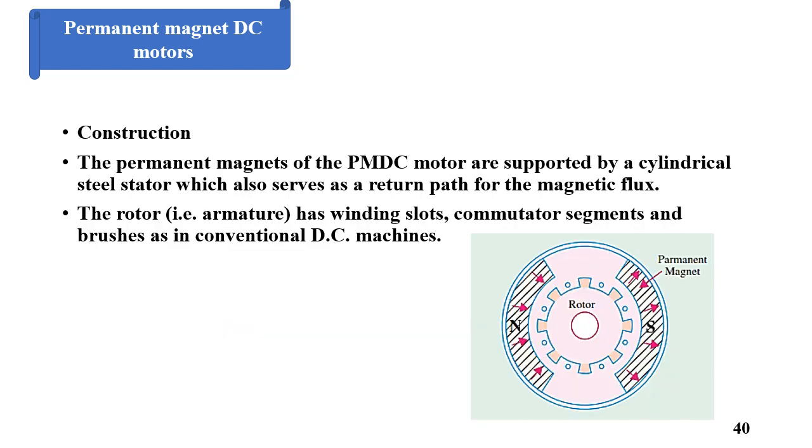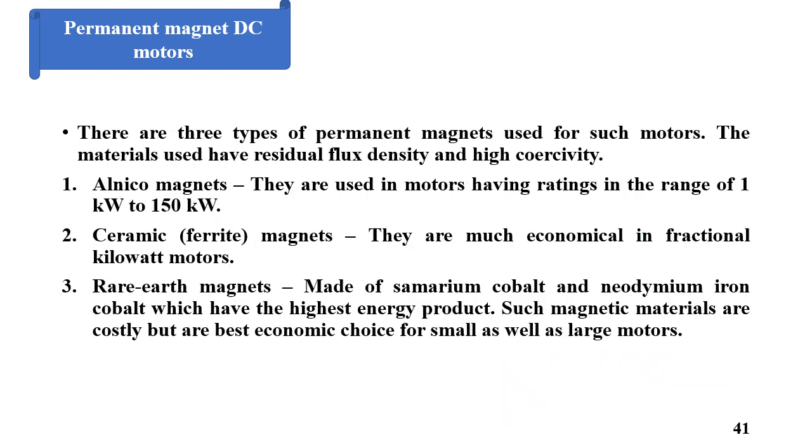For the construction, permanent magnet DC motors are supported by a cylindrical steel stator, which is the outer frame. It serves as a return path for the magnetic field. For the rotor, the armature has winding and slots like the rotor of the conventional DC motor, and the brushes also.